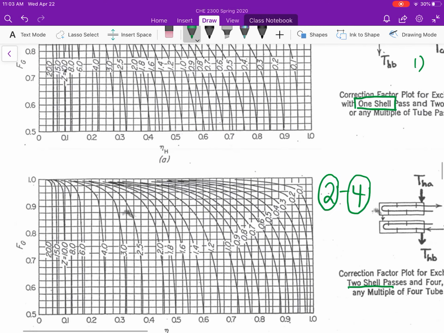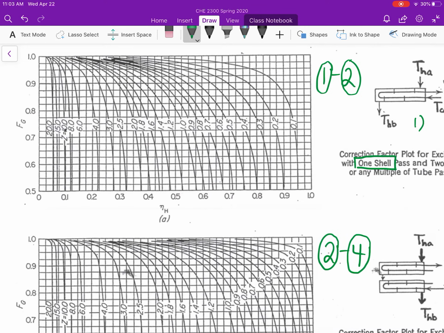So let's zoom in a bit on this. Okay, so our eta sub h is about 0.4. We are going to find our line for 0.6. Find our line for 0.7, because we're somewhere right in the middle of that, and what you see is by the time this thing gets to around 0.4, those lines essentially converge. Where do they converge?